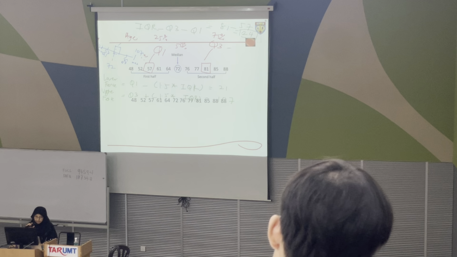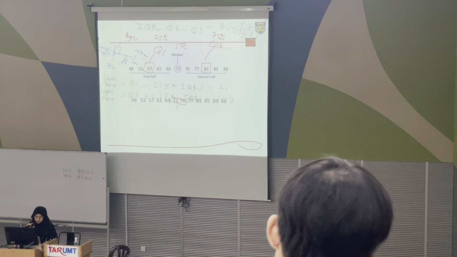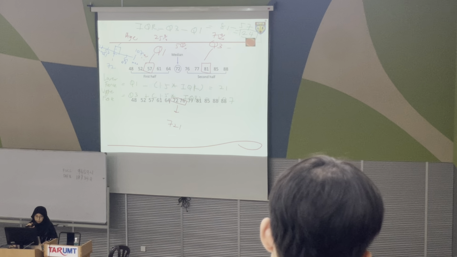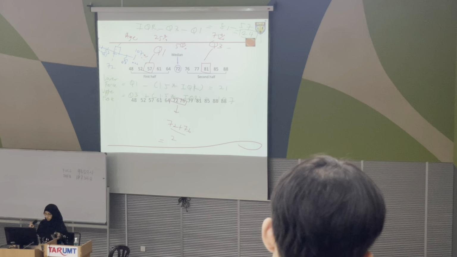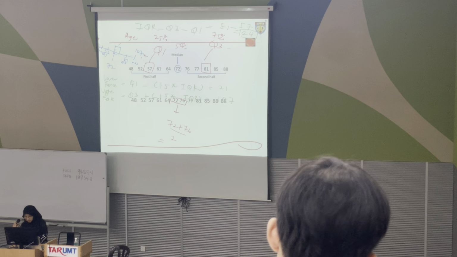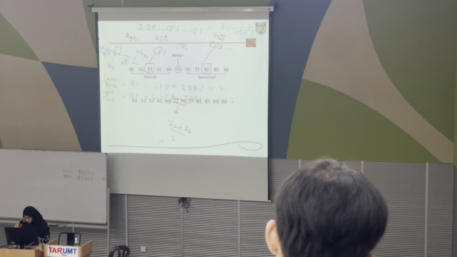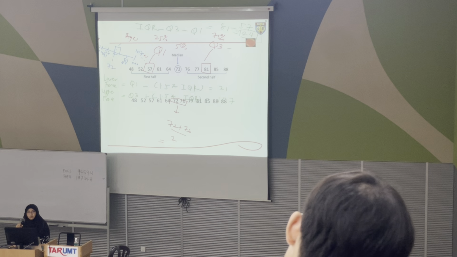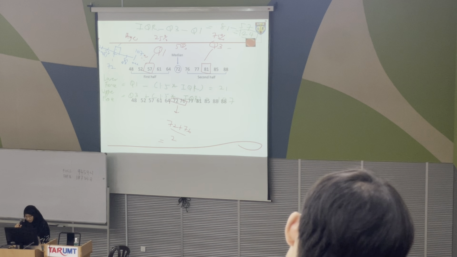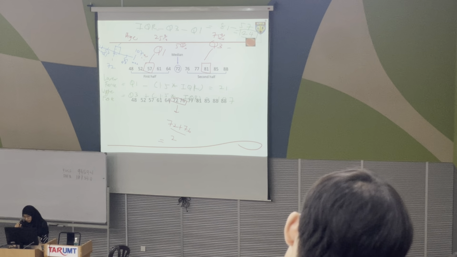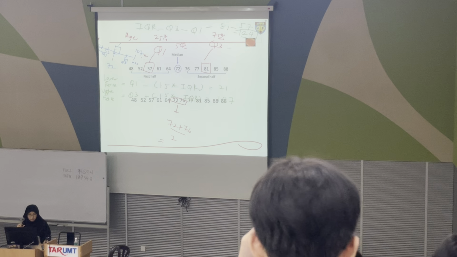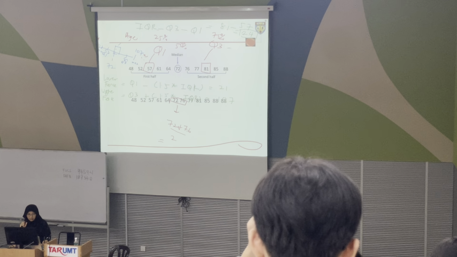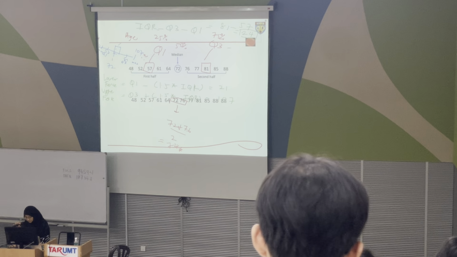The median is here. 72 plus 76 is 148, divided by 2. What is the final value? 74. So the median is 74.